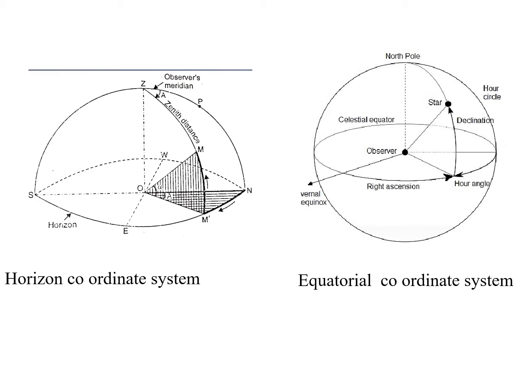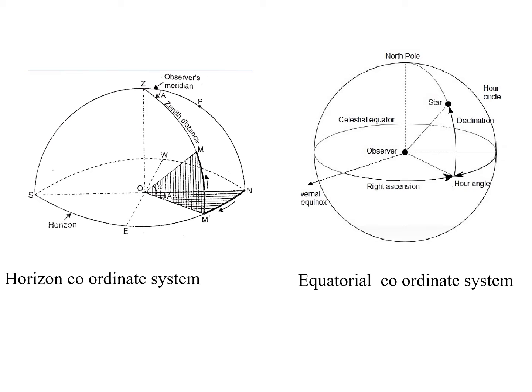Now here is the North Pole, and below is the South Pole, exactly opposite. The circle passing through the North Pole and South Pole, we call the hour circle. Basically, it is shown as a North Pole, but it's the North Celestial Pole. Please try to understand. This is the North Celestial Pole, and this is the South Celestial Pole.